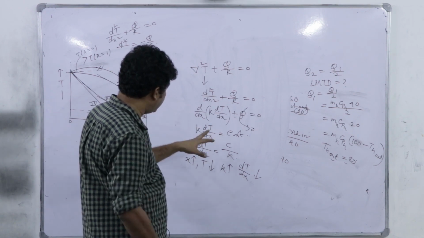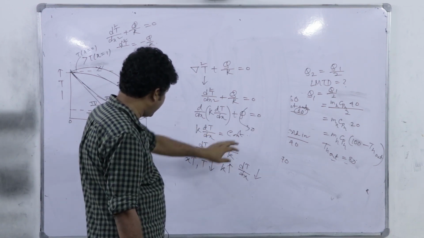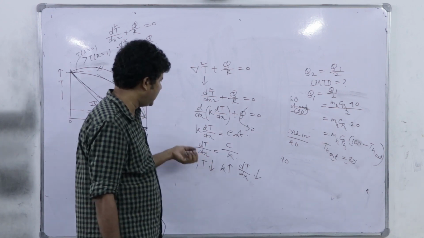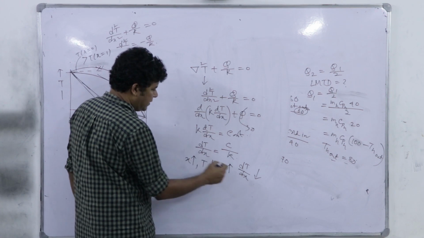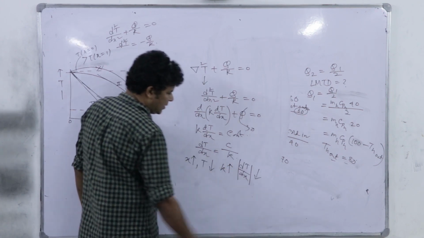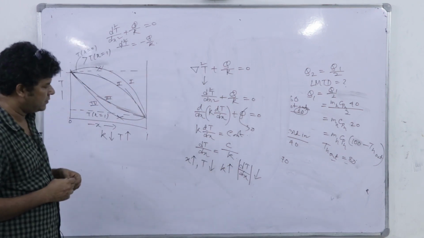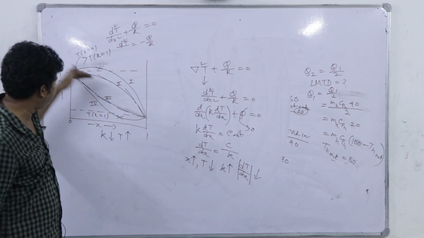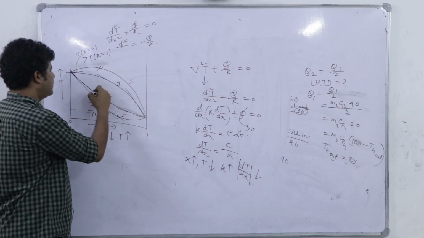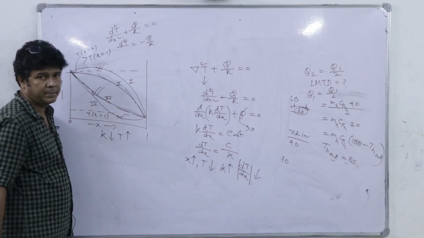And I don't know the value of the constant, right? It may be positive or negative, but the point is the modulus actually will be decreasing. So here you see the modulus is decreasing, here the modulus is increasing. So my correct profile will be this 3.